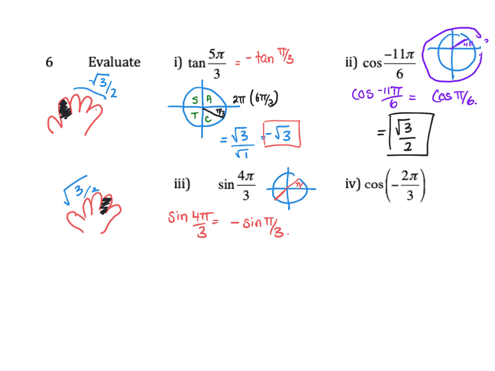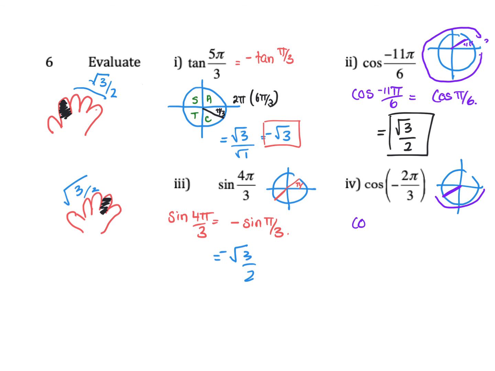So it'll equal square root 3 over 2 but negative. Okay, and then the final one here, cos negative 2 pi on 3. So you've got to remember when you go negative, we go around the other way, so we're actually in here. So cosine is negative there.